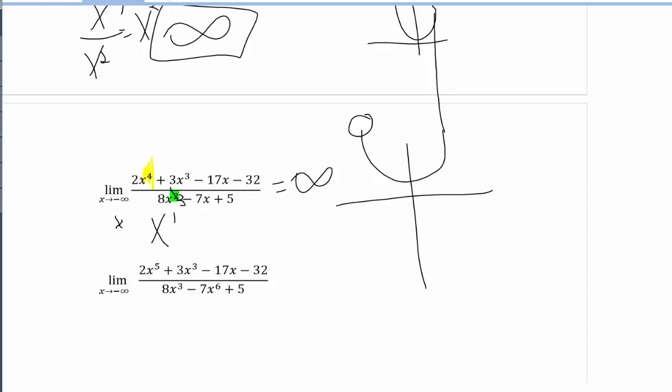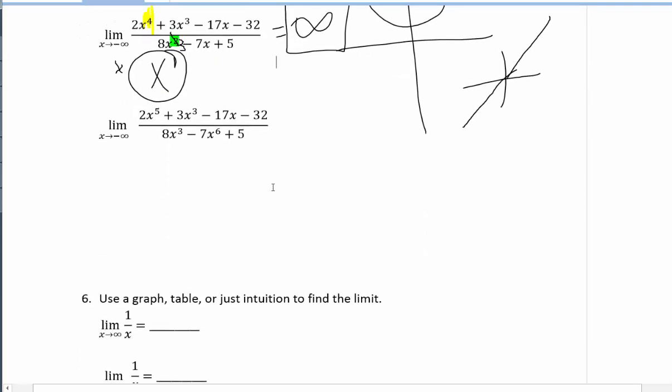Well, x to the first power behaves a little differently. As you approach positive infinity, it goes up and to the right, so the answer would be infinity. But if you got an odd power as your end result, as x approaches negative infinity, the result would be negative infinity. So be careful. Make sure you look at whether it's an even or an odd function.